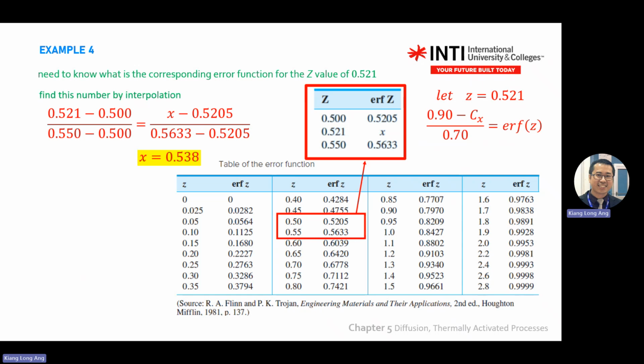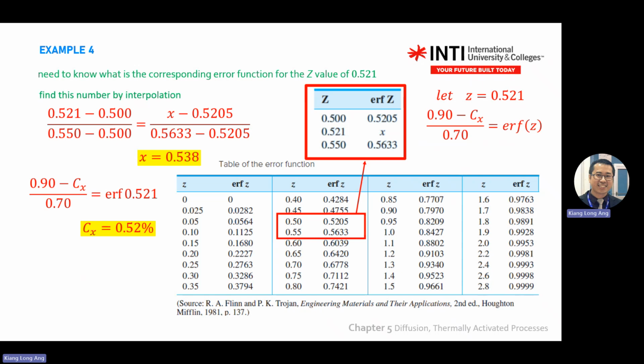Then you substitute back, and you are able to find your Cx. This value is what you find now. It's just below, between them, about there. But if you see the table is four decimals, please find four decimals.